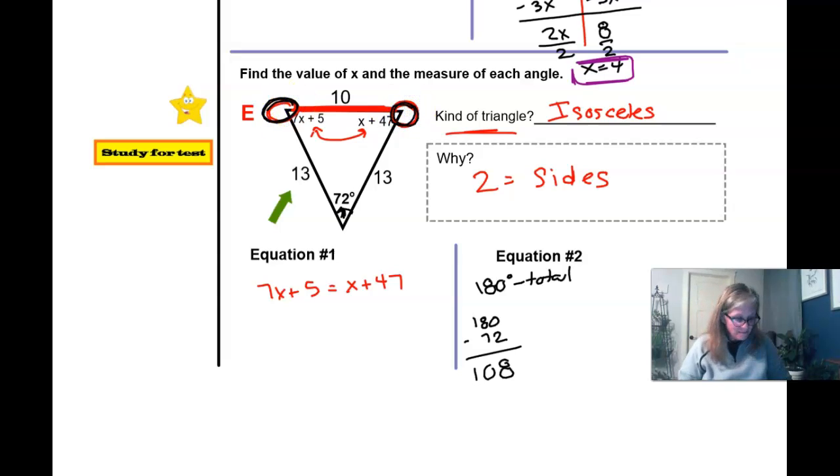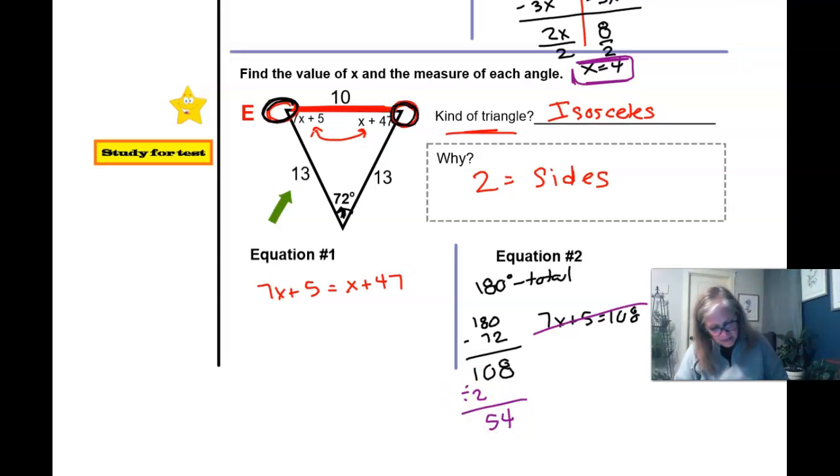So that does not mean that 7x plus 5 equals 108. That is not what that means. That means 7x plus 5 is equal to 54 because I have to put half of the 108 in one corner and half of the 108 in the other corner.